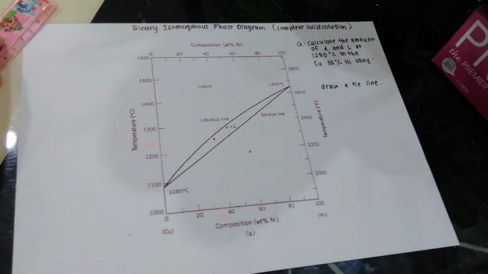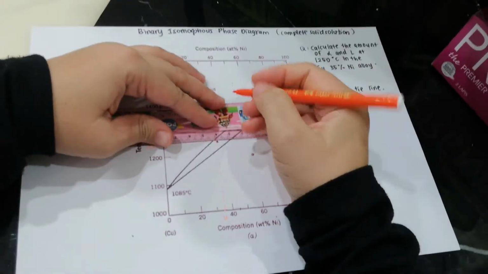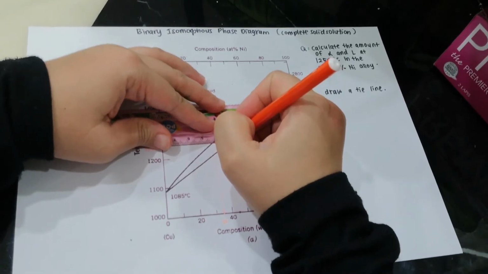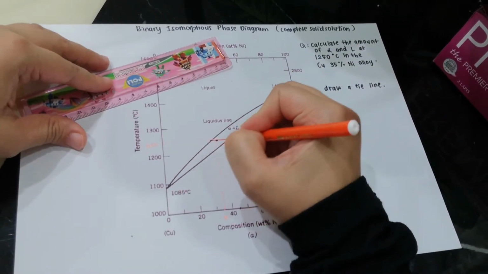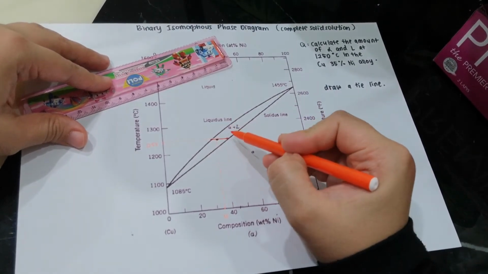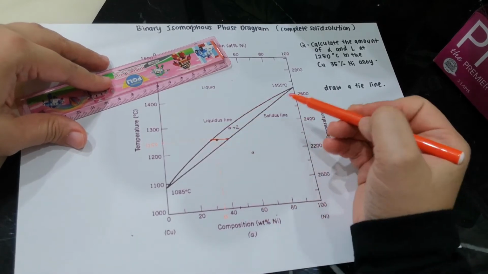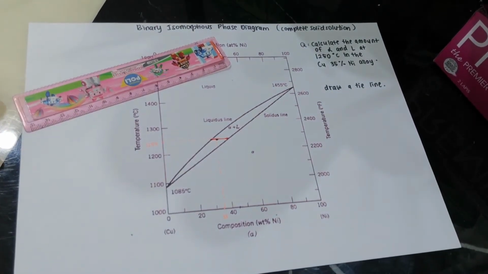So we will draw the tie line here. Okay, this is the tie line connecting the solidus line and the liquidus line. It is a horizontal line at the same temperature.